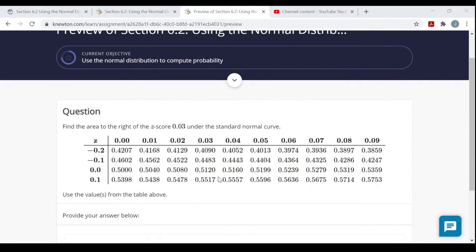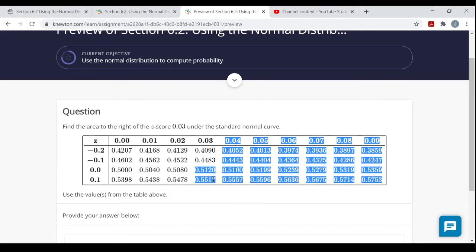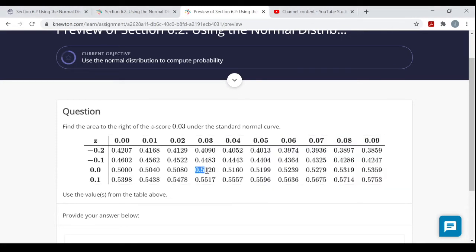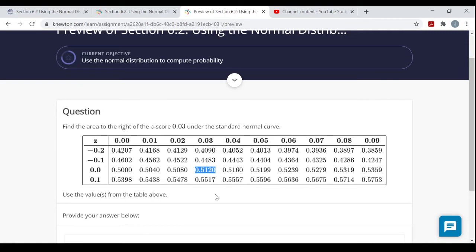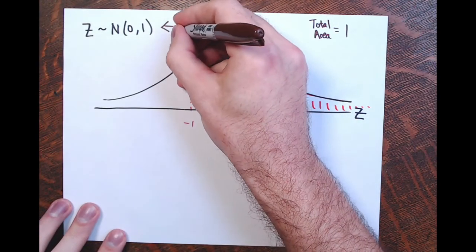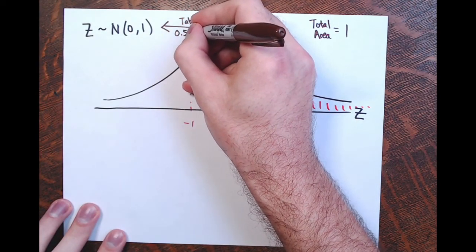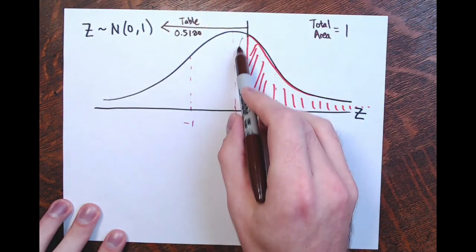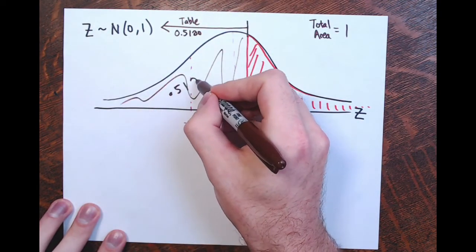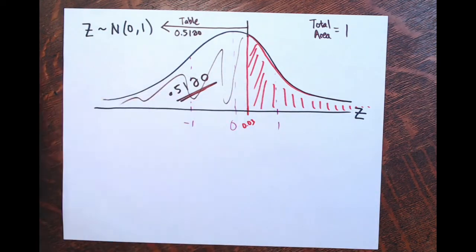So on the table here, I look up 0.03, so that's this number right here, 0.5120. So this is the area to the left of 0.03, 51.2%. This area here, 0.5120. That's the area to the left of 0.03.